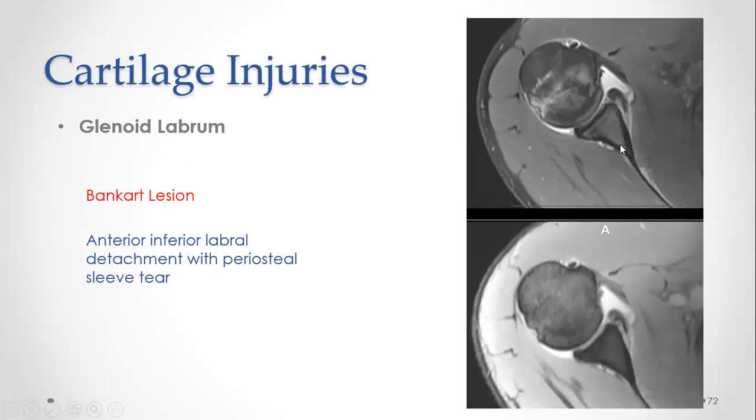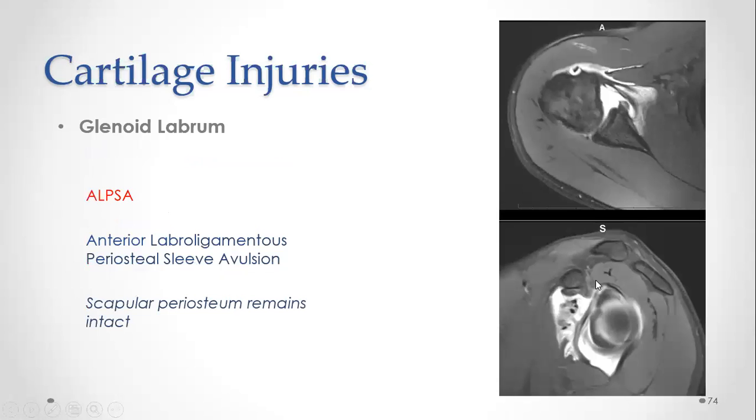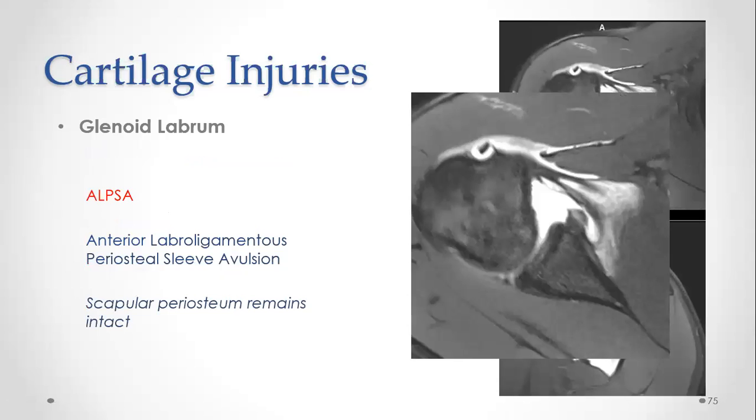Here we have a patient with Bankart lesion, and again, we need to go back to basics and understand the definition of Bankart lesion. Bankart lesion is an anteroinferior labral tear or labral detachment with periosteal sleeve avulsion. So this is, by definition, a Bankart lesion. ALPSA lesion, however, is, again, an anteroinferior labral tear with medial displacement, but the periosteal sleeve is intact.